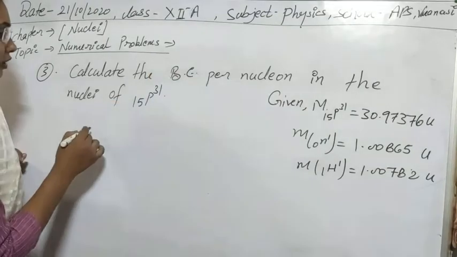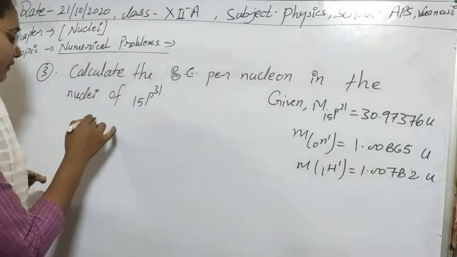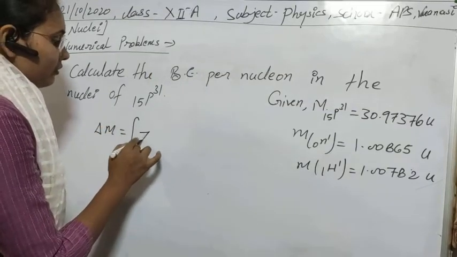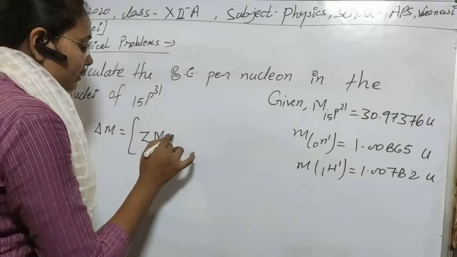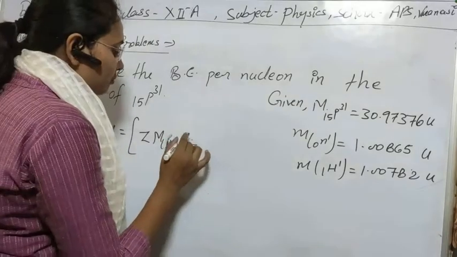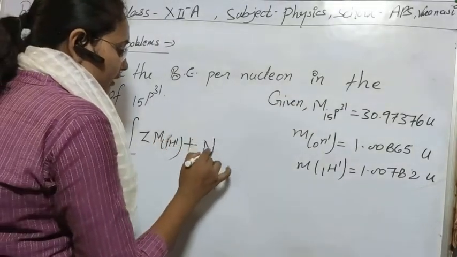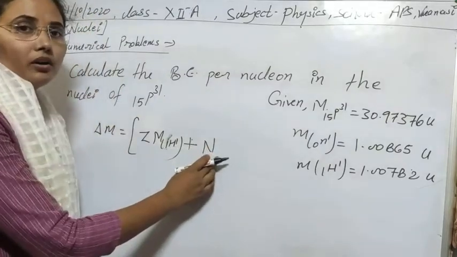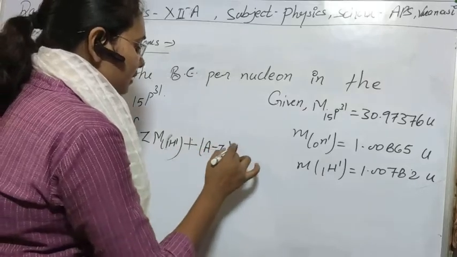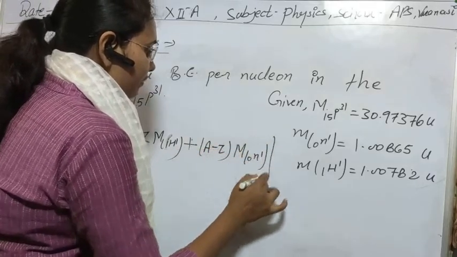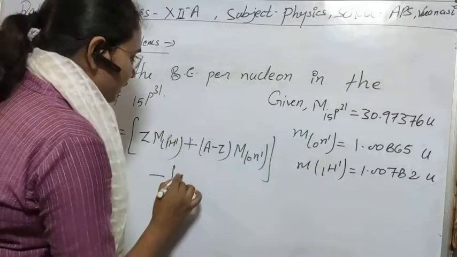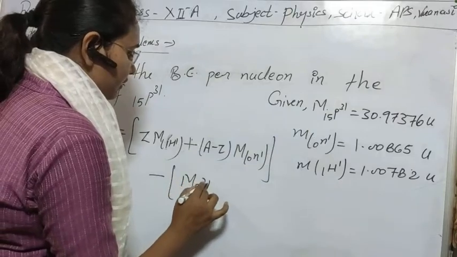So what we have to do, simple, is calculate the mass defect. You know that the formula for mass defect is Z times the mass of one proton plus N times the mass of a neutron, where N is the number of neutrons, or you can write A minus Z, minus the mass of this nuclei, that is the mass of phosphorus-31.